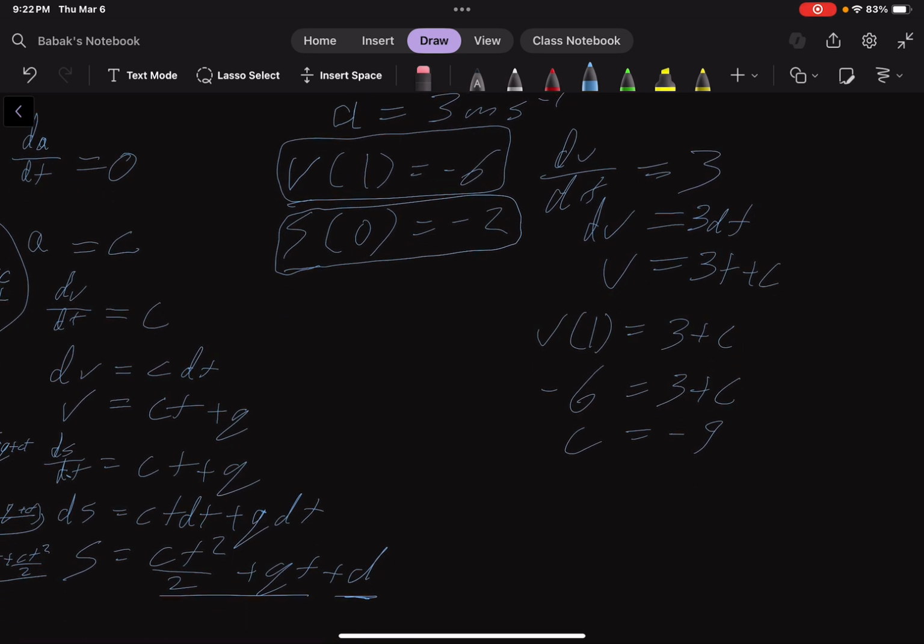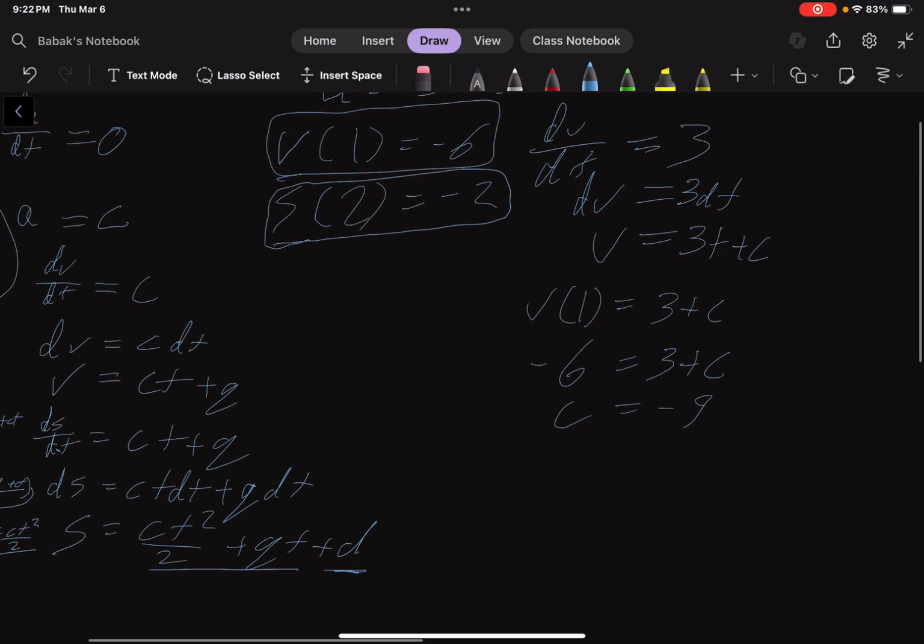Now, furthermore, we must find the displacement. And by the way, this example only serves to demonstrate, although it should cover most grade level requirements. Now, we have v is equal to 3t minus 9.